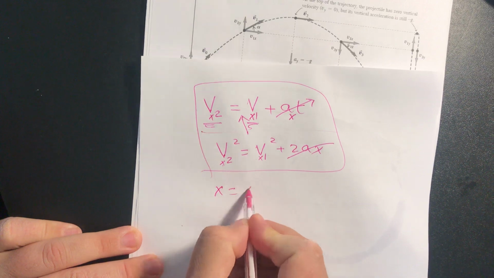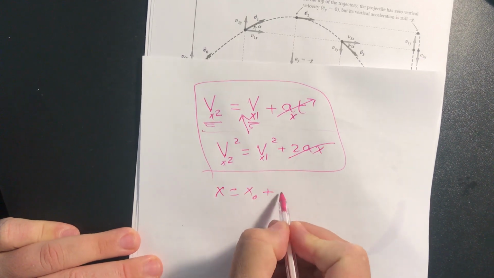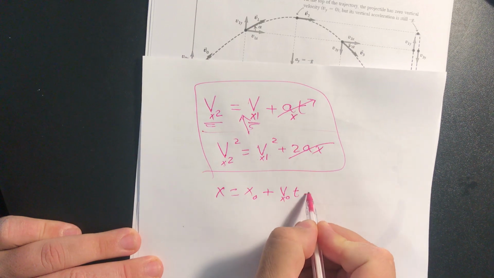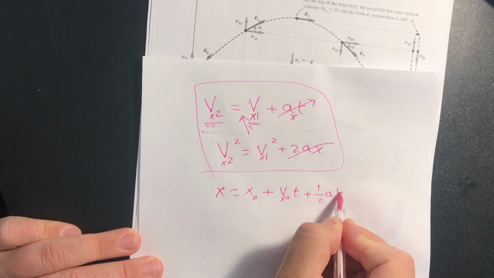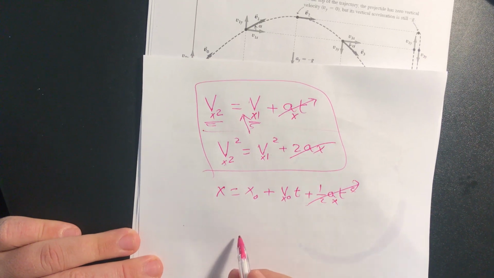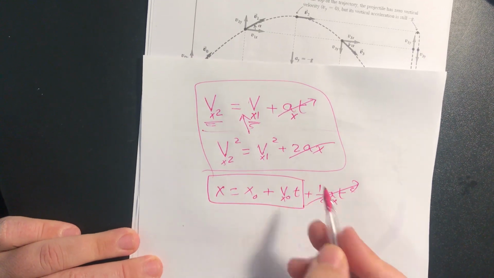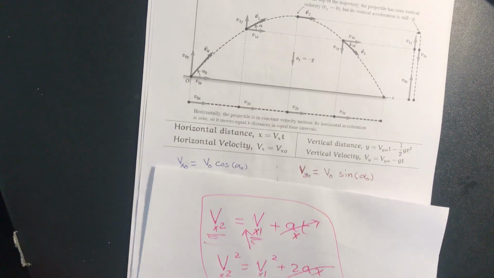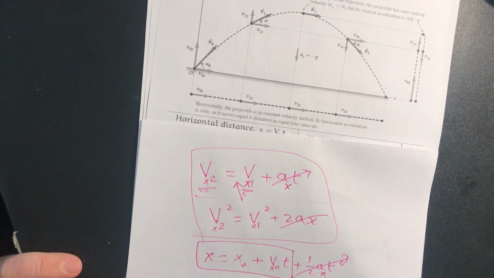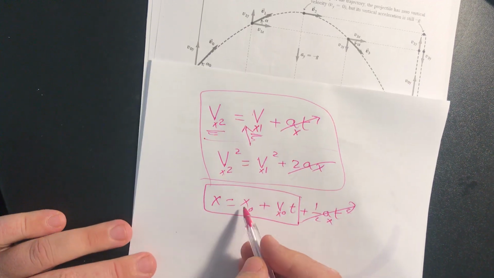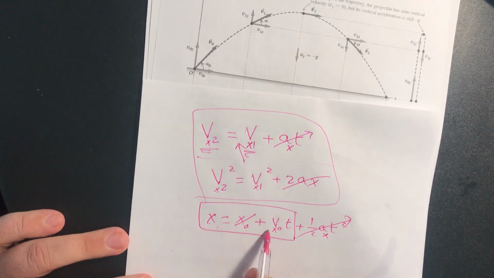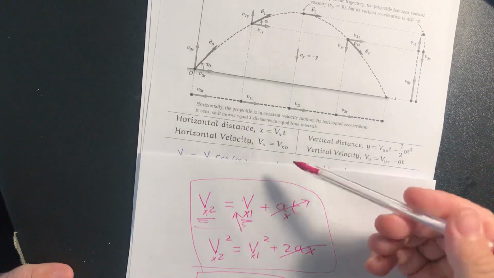Also x is equal to x naught plus v naught in x multiplied by t plus half a t squared. In the x direction the acceleration is zero. So we have just these two terms. If we suppose that x naught is equal to 0 at the origin, then we have x is equal to vx multiplied by t.